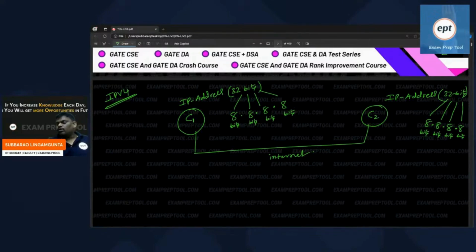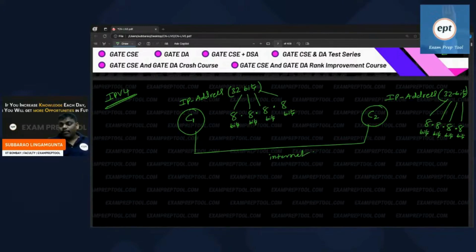Two computers want to communicate on the internet, so they both should have an IP address. It depends upon the version. If it is IPv4, 32 bits.